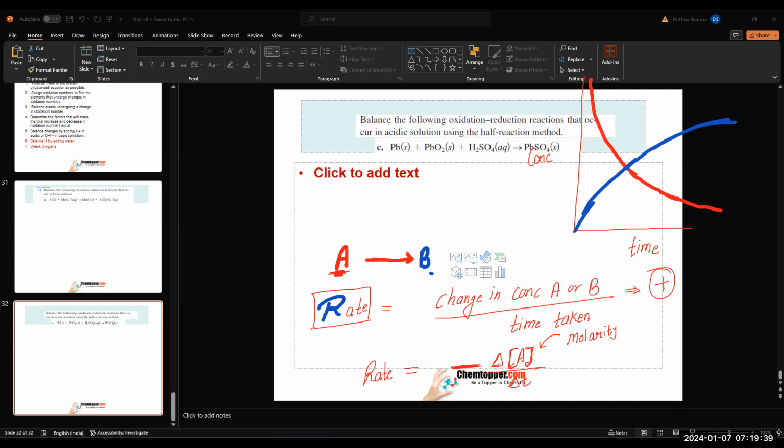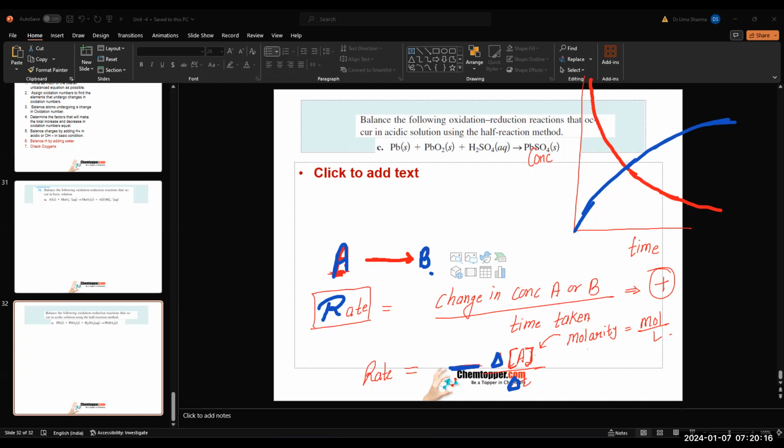Remember the word molarity? Molarity is moles per liter. How many moles per liter? So decrease in concentration of A. This minus indicates that A is disappearing. Disappearing means decreasing, getting converted into B. Delta means change, final minus initial. This delta means again change.